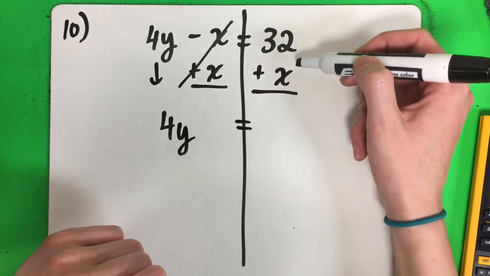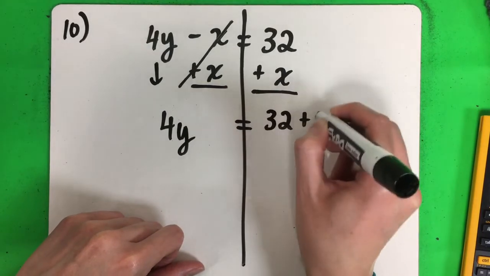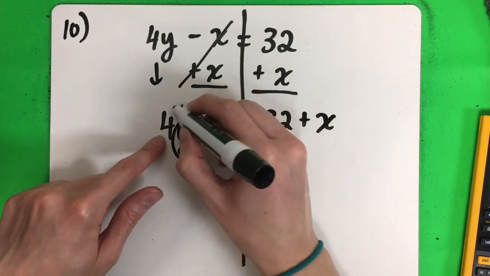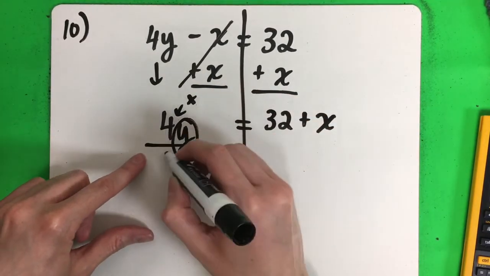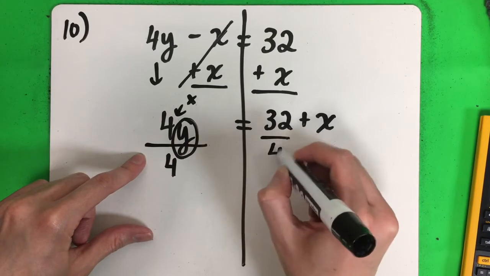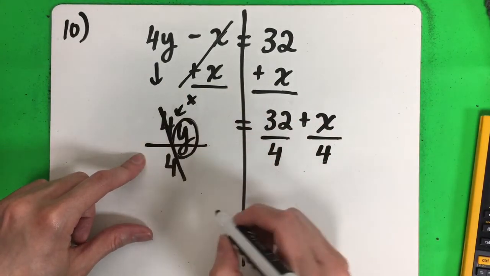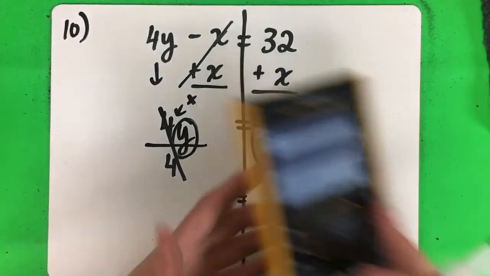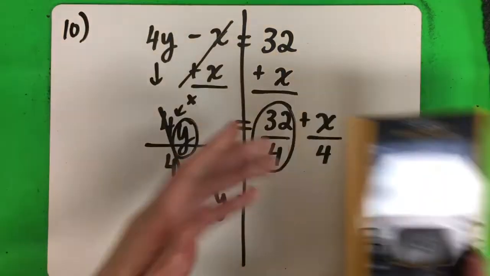There's no x here, and here there's an x. So we're gonna copy 32 plus x. I want y alone. 4 is with y. Nothing in the middle is multiply. The opposite, divide 4. So here divide 4, divide 4. This cancels. y equals 32 divided by 4, 8.